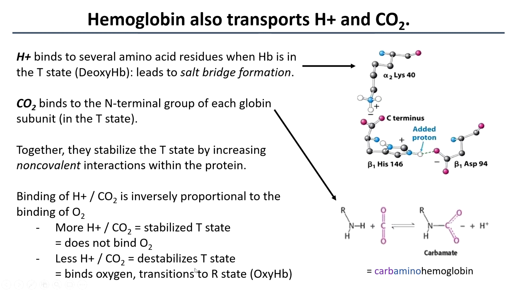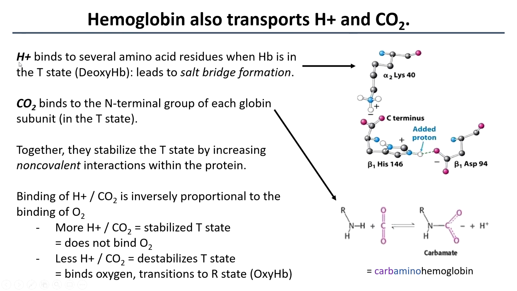And so let's look and see where these two things are binding. Hydrogen ions, if you'll remember, are a common waste product of cellular respiration. So there's going to be lots of hydrogen ions in the muscle tissue, or in tissue in general, where there's lots of cellular respiration. Hydrogen ions will bind to many different amino acid residues in hemoglobin when hemoglobin is in its tense state.